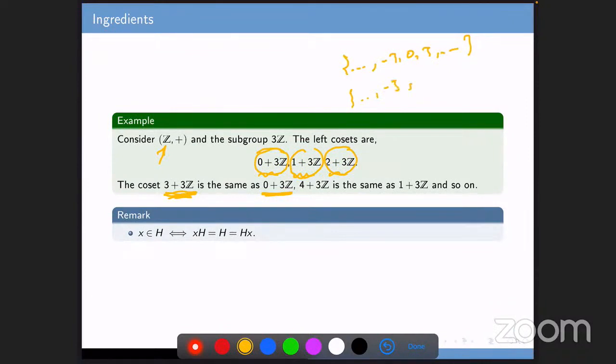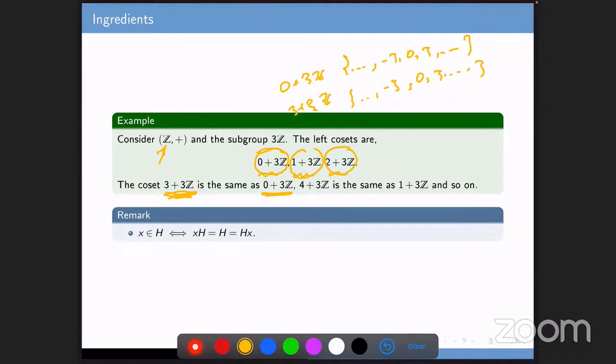It is like a shift, but the overall set is the same. So 0 plus 3Z and 3 plus 3Z are the same, and 4 plus 3Z is the same as 1 plus 3Z. The idea here is that we have the same cosets, but with different elements representing them.